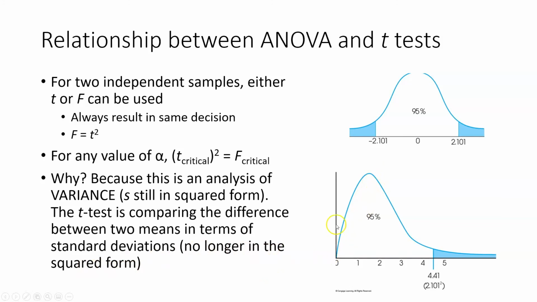So the reason why this is squared compared to this is because here we're looking at differences in terms of standard deviations, and here we're looking at differences in terms of variance. This allows us to compute more than two mean differences. This doesn't. But if you have only two mean differences to compare, you can run either a t-test or an F-test, and it will get you the same answer.